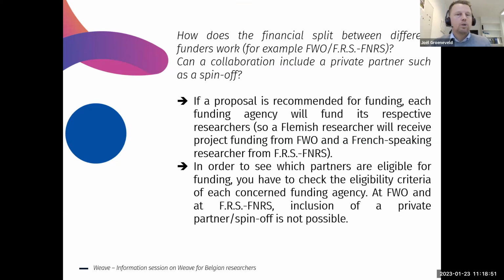So a Flemish researcher will always receive funding from the FWO according to the FWO regulations, and the French-speaking researcher will always receive funding from the FNRS according to our regulations. And in order to see which partners are eligible for funding, you have to check the eligibility criteria as mentioned before. And at both FWO and FNRS, the inclusion of a private partner or spin-off is not possible.